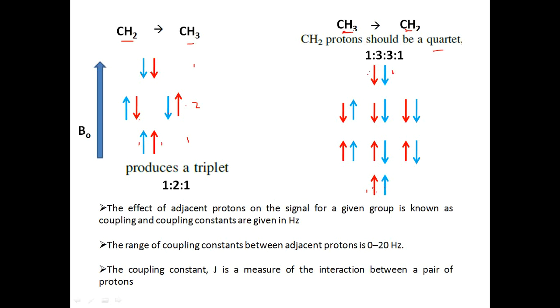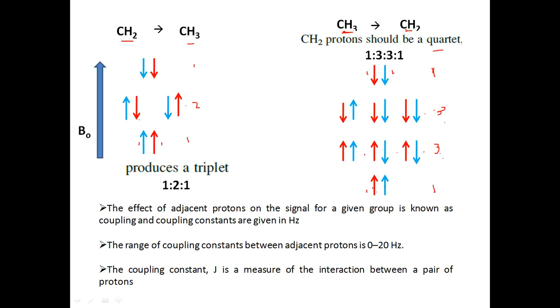In another case, they are aligned in opposite directions, and these are different combinations. So almost 3 combinations you will get here, and 3 different types of interaction there. So the total ratio you will get is 1:3:3:1. This is how the Pascal triangle also depicts it, right?